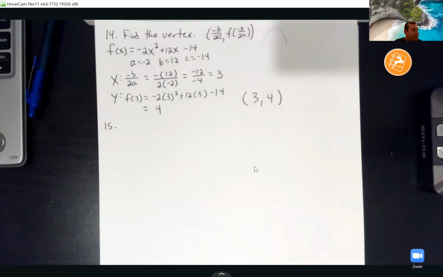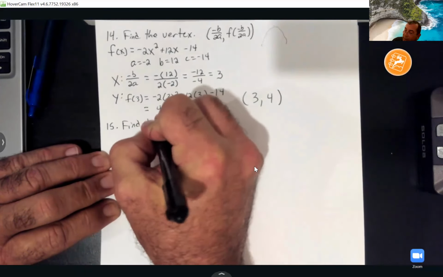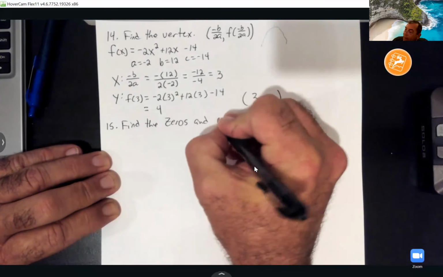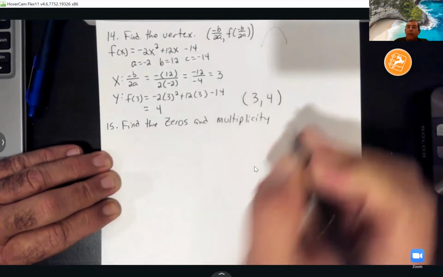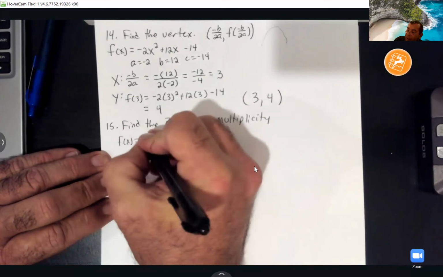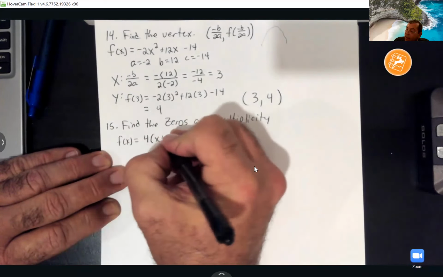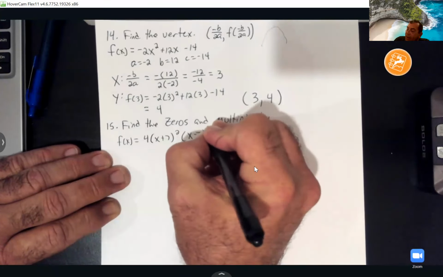All right, y'all, number 15. Find the zeros and multiplicity. And they're giving me f of x equals 4 times (x plus 7) squared times (x minus 7) to the third.